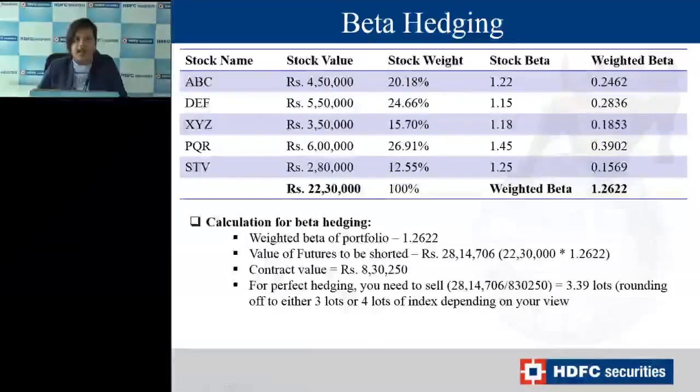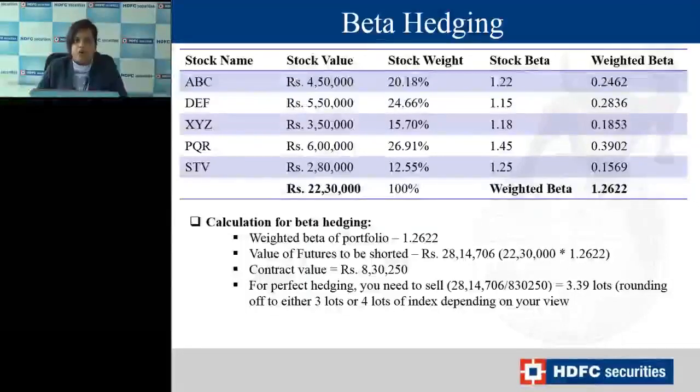So the entire loss that you're seeing because the market has come down and your portfolio has eroded, in this case, when you have sold index futures, you can see some profits coming out of that. So your overall risk or your overall loss is negated, offset or reduced. So this is how beta hedging is actually done. And this is the simple way to understand beta hedging.